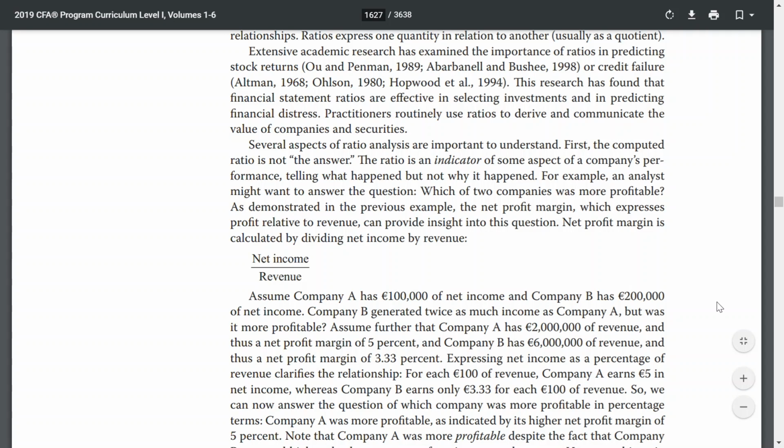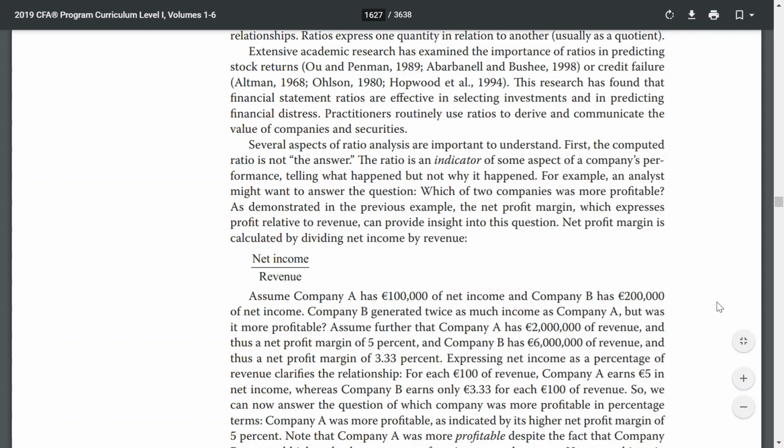For example, an analyst might want to answer the question: which of the two companies was more profitable, as demonstrated in the previous example? The net profit margin, which expresses the profit relative to revenue, can provide insight into that question. Net profit margin is calculated by dividing net income by revenue.